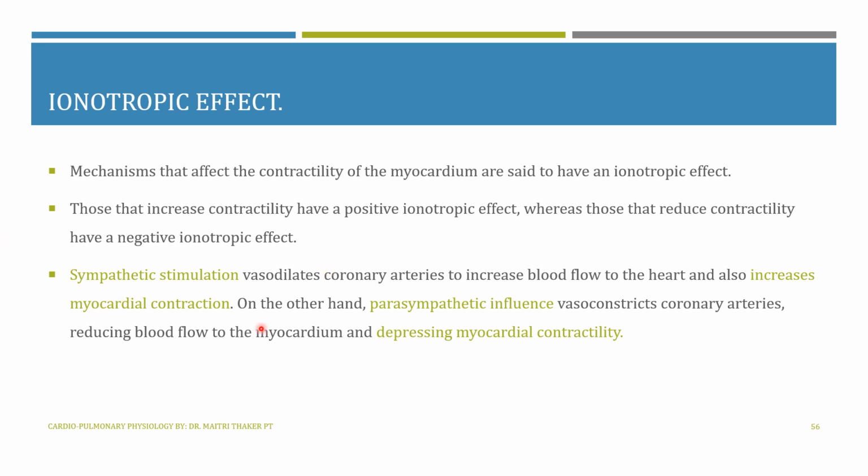Now under sympathetic stimulation, vasodilatation occurs in the coronary arteries to increase blood flow, and that increase in blood flow will increase the myocardial contraction, thereby generating a positive inotropic effect. And just the opposite happens with parasympathetic influence. It will depress the myocardial contractility by vasoconstriction of the coronary arteries.